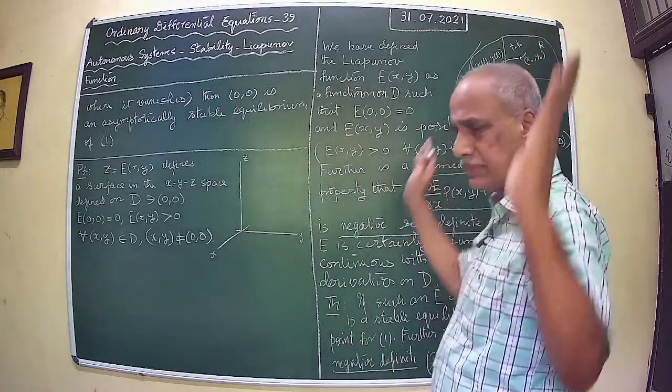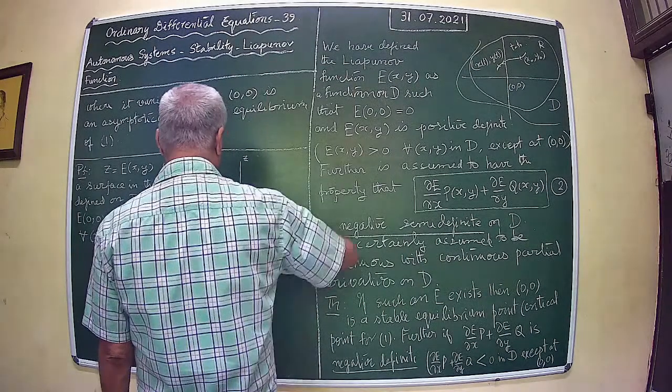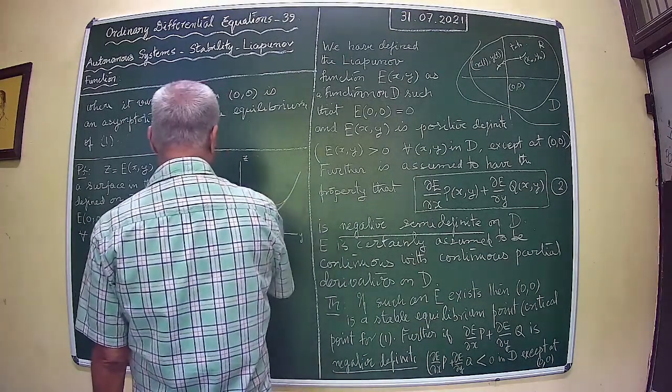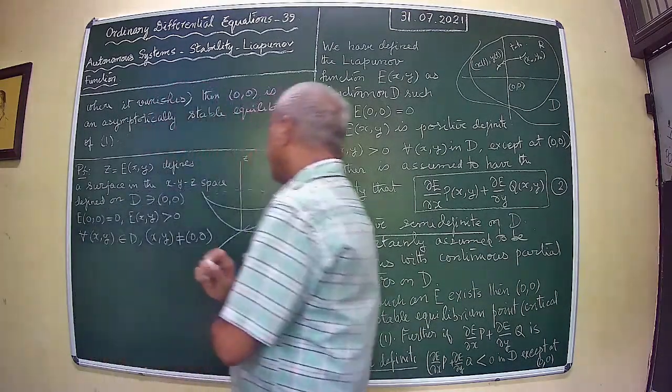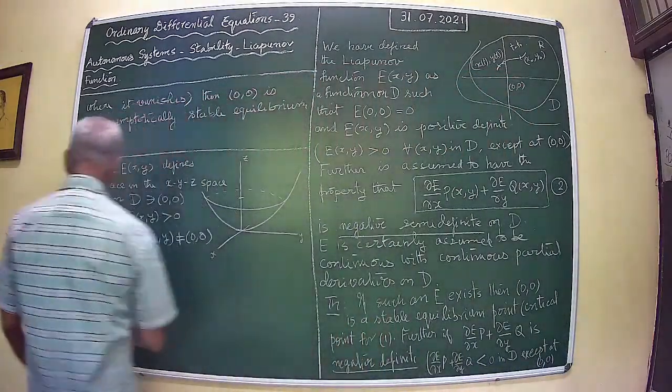So it has a property of this kind, so we can take functions of this type, something like a paraboloid. So E(x,y).